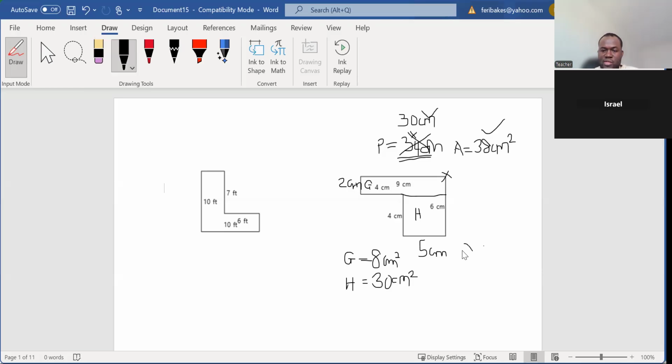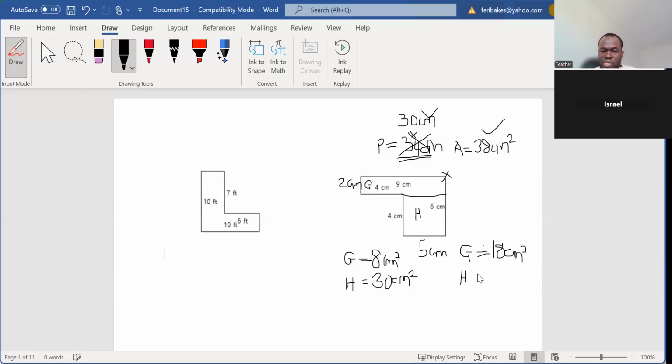So with this new method, my G is going to be 18 centimeters squared, because it's 2 by 9 or 9 by 2, whichever one. Then this other part, my H is going to be 4 by 5. See that, 4 by 5. So it will be 20.